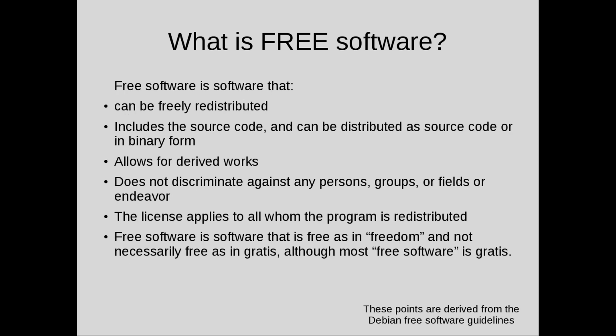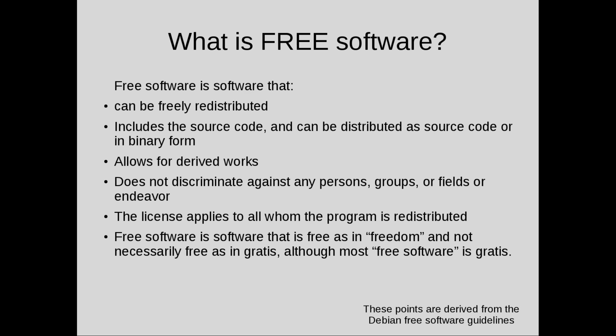So the next bit is, what is free software? Free software is software that can be freely redistributed. It includes the source code and can be distributed as source code or in binary form, and allows for derived works. It doesn't discriminate against persons, groups, or fields of endeavor. So you can't say, you can't use this software for genetic research or such and such thing.